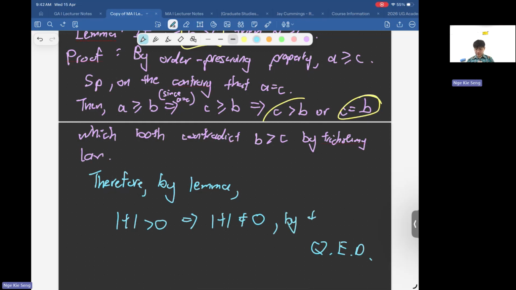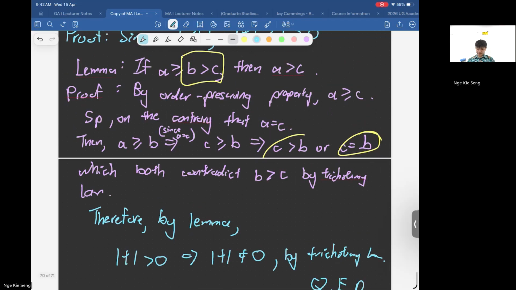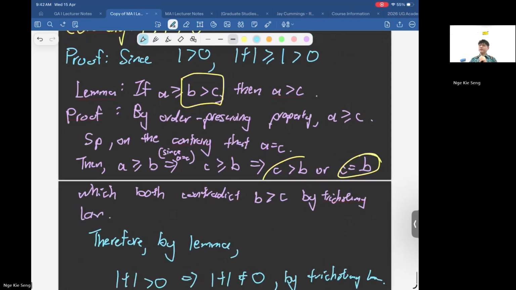Okay, so by trichotomy law. Okay, any questions so far? Question? No? Okay. So 1 plus 1 is not 0.